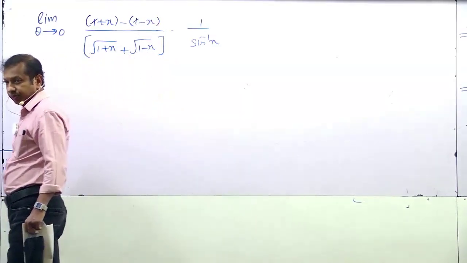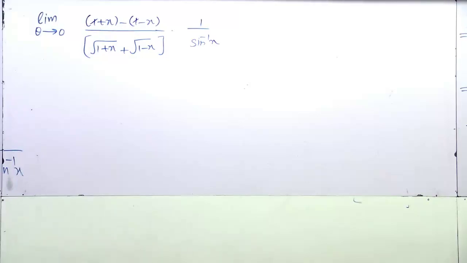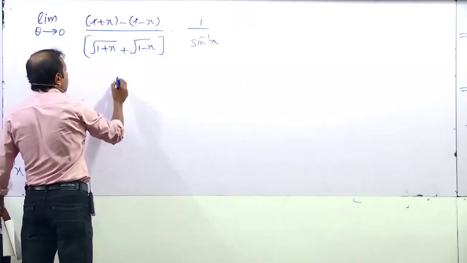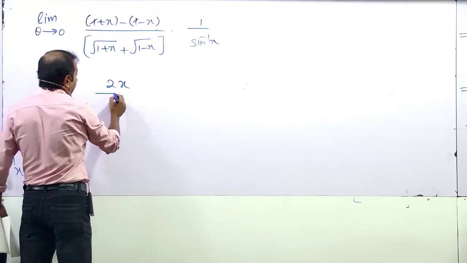Right? Yes. Here minus minus plus. x plus x is 2x. Divide by this now.